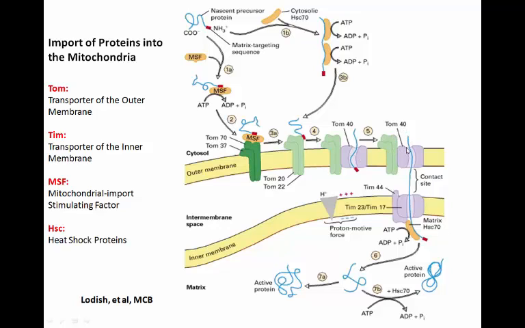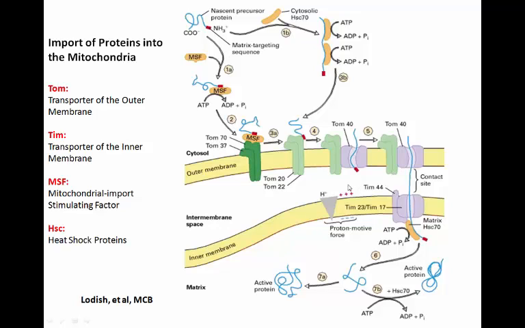Tom40 is actually in contact, it doesn't show this, but it's in contact with TIM44 and TIM23. And TIM is the transporter of the inner mitochondrial membrane. So we have a transporter that brings it through the outer membrane and a transporter that brings it through the inner membrane, and now we're in the matrix. So Tom outer, TIM inner.